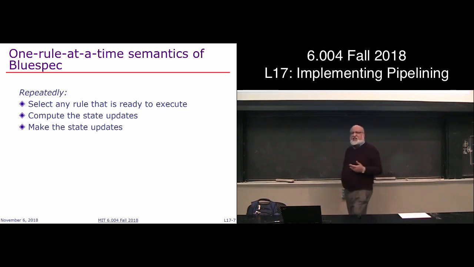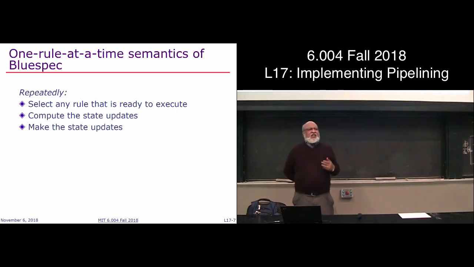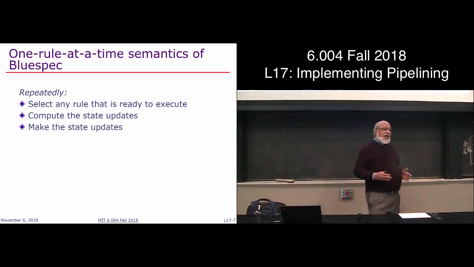Whenever a system has this property, it's called linearizable. That there are many actions taking place in your system, but ultimately, even if they happen concurrently, they can be understood as if one thing happened at a time. As if this rule happened, then this rule happened, then this rule happened. And it's an implementation detail whether they actually happened in parallel or not. Right?